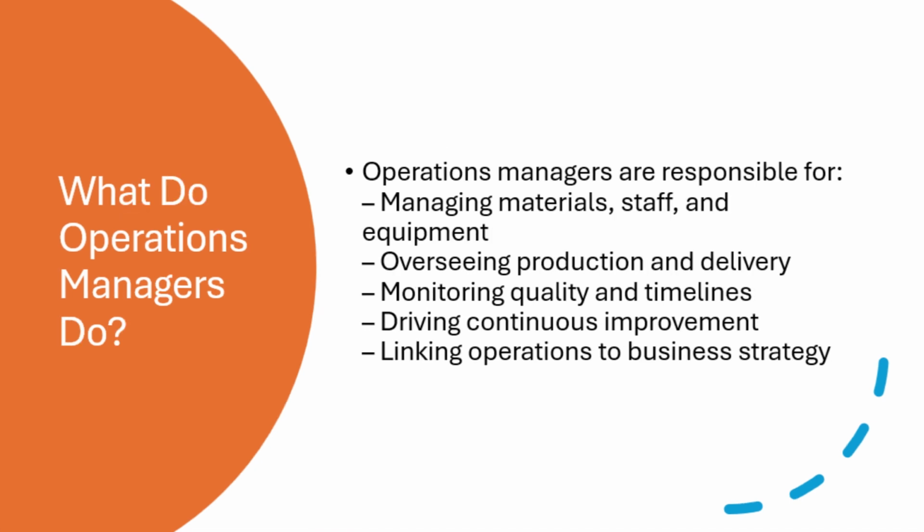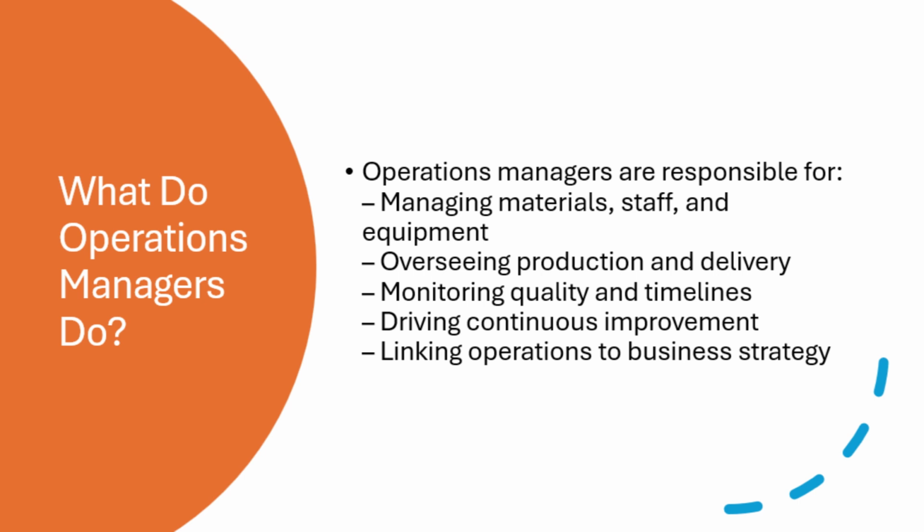Part 3. Key responsibilities of operations managers. Operations managers have a big job. They're responsible for managing resources like materials, staff, and equipment, overseeing production timelines and delivery, monitoring quality and efficiency, identifying areas for improvement, and aligning operational decisions with overall business strategy.